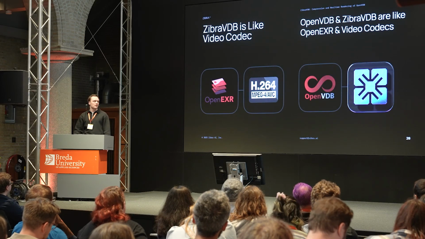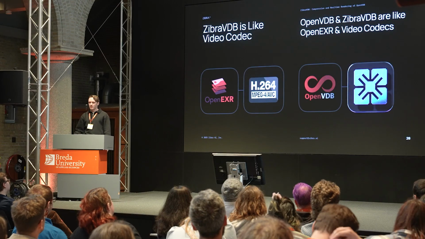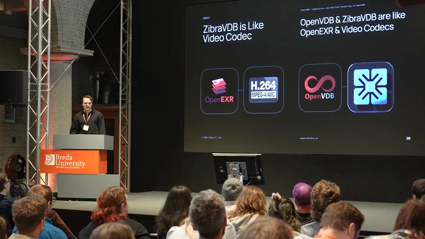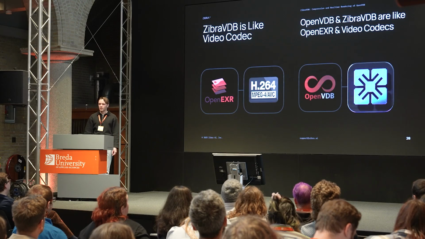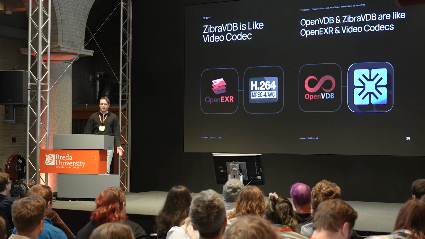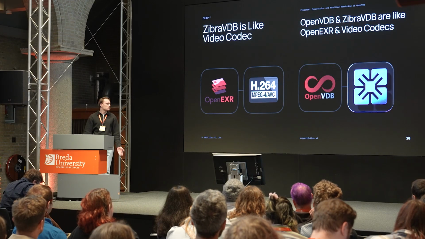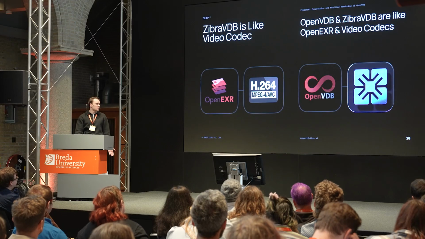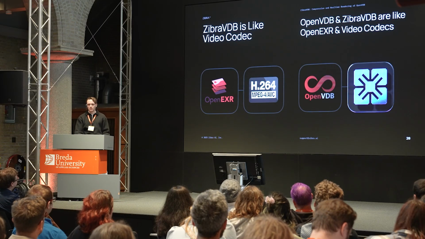Some of you might have caught this analogy that ZibraVDB is basically a codec for video, but for 3D video, right? If you have EXR images and you want to play them in real time, you won't be able to. Even if it's a 2D image, it's not even 3D, it would still be too expensive to render in real time. So if you want to see it in real time, you convert it to some kind of video.